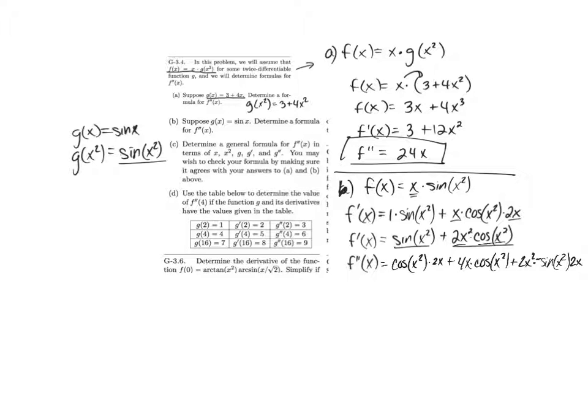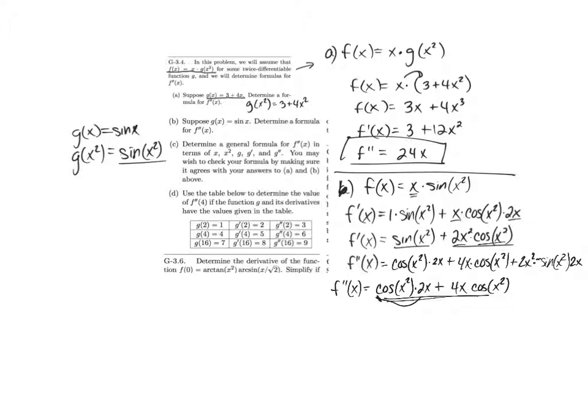So, that's the answer. We can probably clean that up a little bit more, and we'll say f double prime is cosine of x squared multiplied by 2x. I would probably put that 2x in the front, but whatever. And now in the back here, we've got a 4x times the cosine of x squared. That's kind of convenient because these are actually like terms. We can group them together.